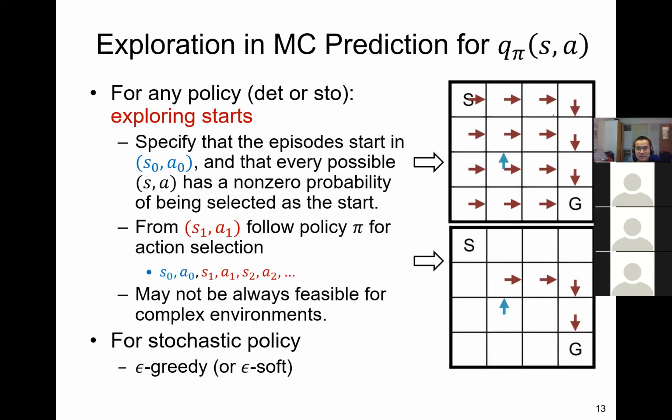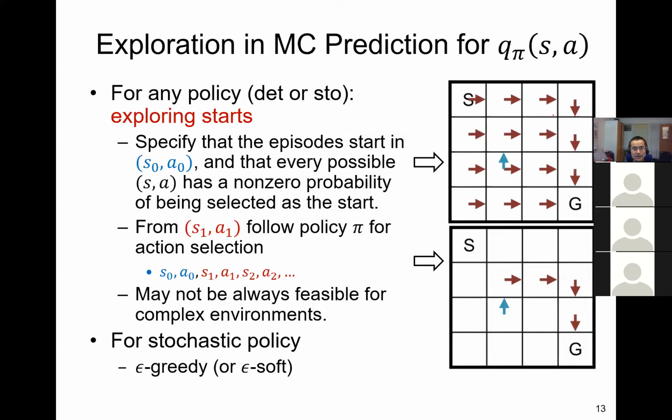You want to evaluate the Q value at every position. So you can specify that the episodes start in S0, A0, the blue state, and every possible SA has a non-zero probability of being selected as the start.